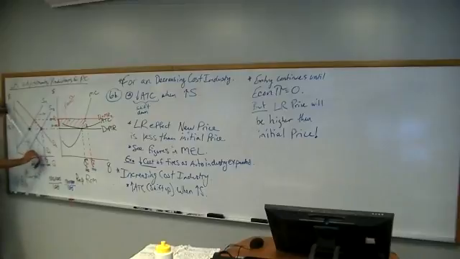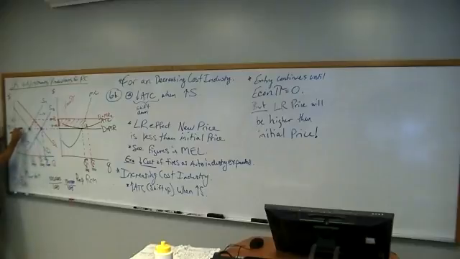Now check this out. As the demand curve shifts down and now there's exit, what happens to price? It rebounds and comes back up. So the exiting of firms, when are they going to stop? When economic profit's zero. That answer is always the same, and that's going to happen right here.